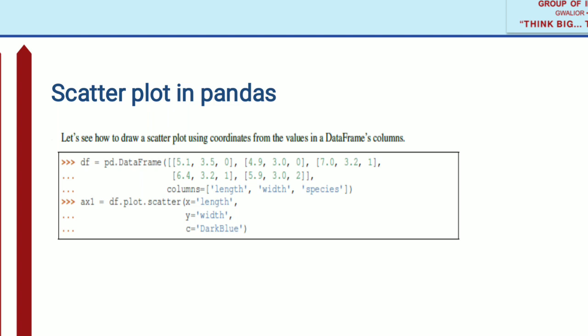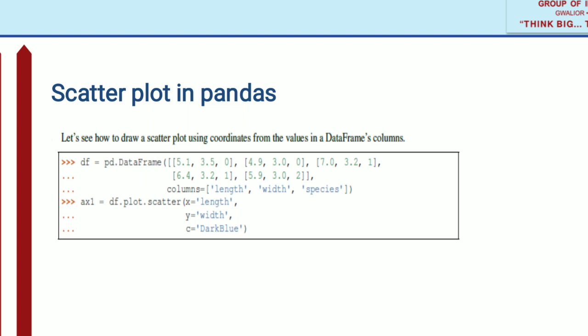Now in the columns it is given that we have length, width, and species. Okay, so it is given over here that we have only three columns, and we have only three variables, and the names of the three variables are length, width, and species.